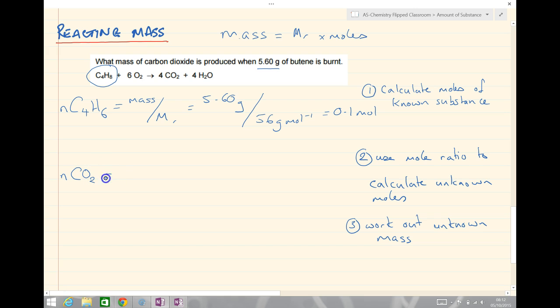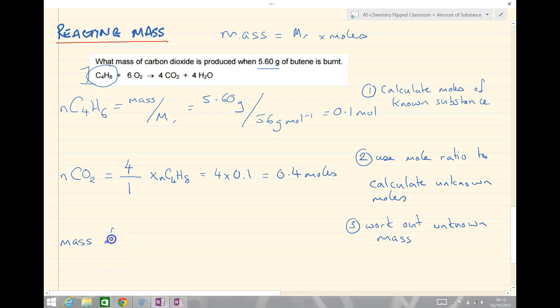So the moles of carbon dioxide, well, we've got a 4-to-1 ratio, so the moles of CO2 is 4 over 1, multiplied by the total moles of the C4H8, is going to be equal to 4 times 0.1, giving us 0.4 moles of CO2.